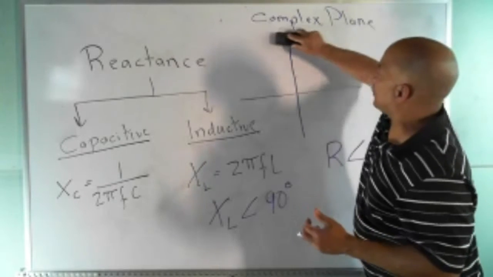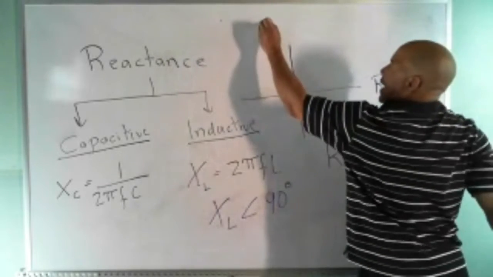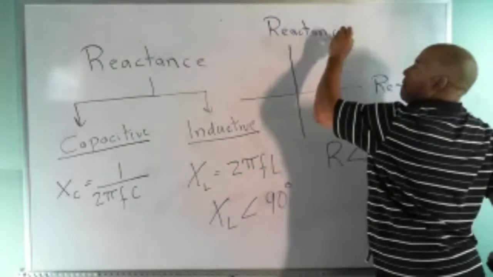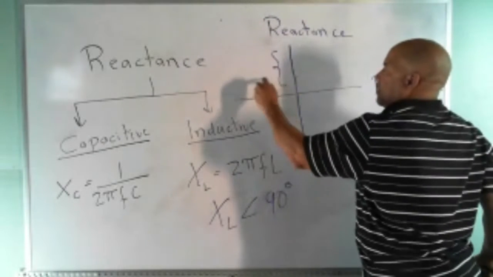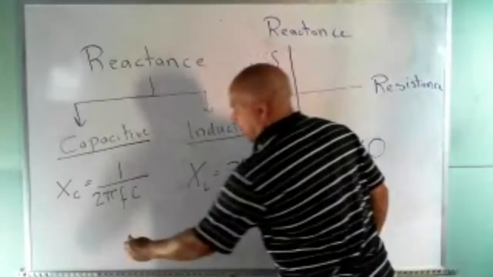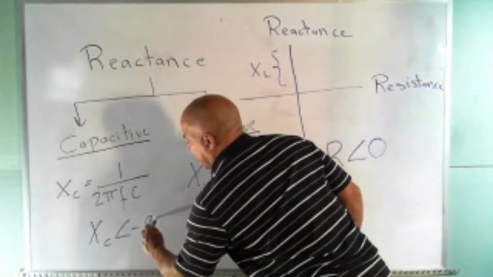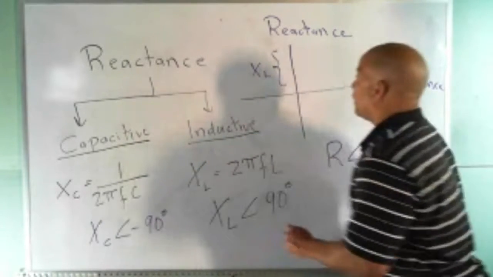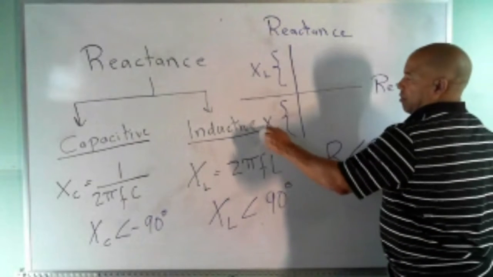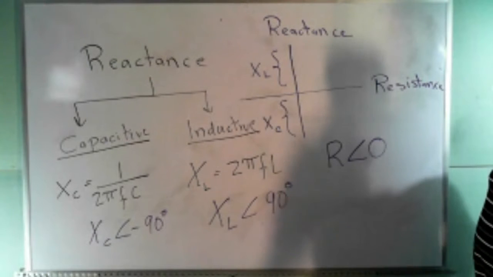So I'm going to get rid of this, and we're going to call this vertical axis reactance. And this part of it is XL. And then XC, we learned that it had a phase associated with it of negative 90 degrees. And so any number below the origin on that vertical axis is XC. So those are imaginary numbers, and we talked about that.